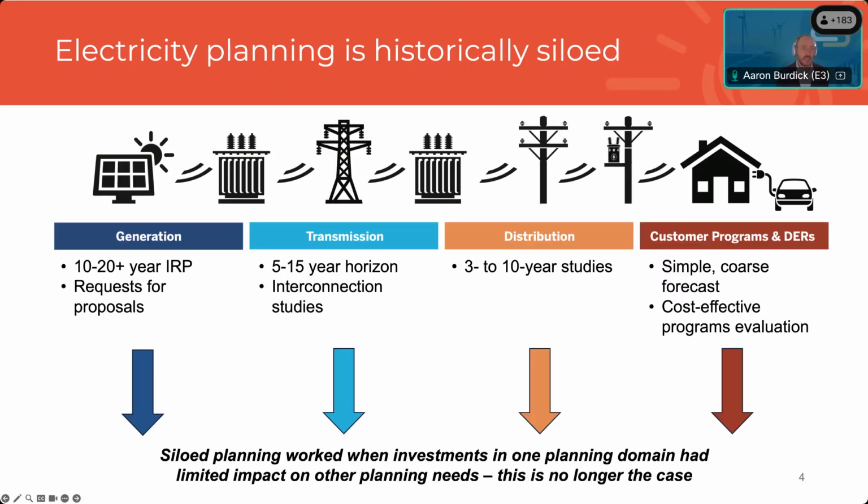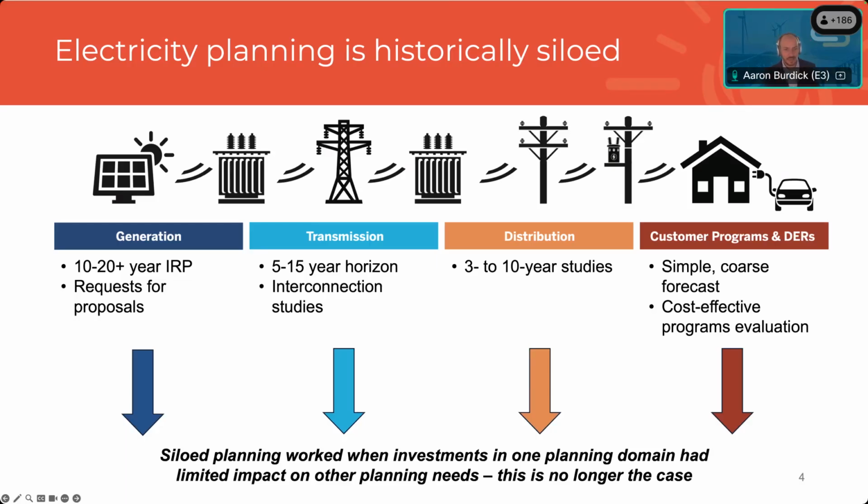When we think about electricity planning, as Matt teed up, we generally can think about these four types of silos: generation, transmission, distribution, and customer programs and DERs. They each have their own planning horizons, their own processes, their own people, their own conferences, their own vocabulary.